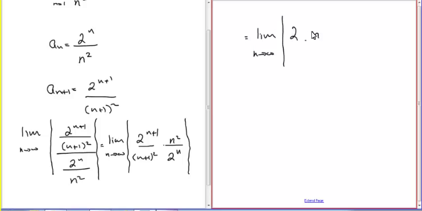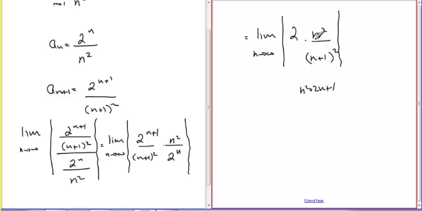Now if I take the limit as n goes to infinity, this doesn't change. Here, basically, I have n squared over n squared, and then I have 2n plus 1. So if you multiply this out, you get n squared plus 2n plus 1. So it's a ratio of two polynomials which have the same highest order term degree, so you take the ratio of leading coefficients.